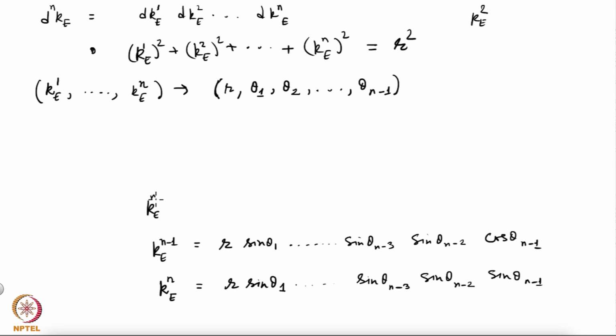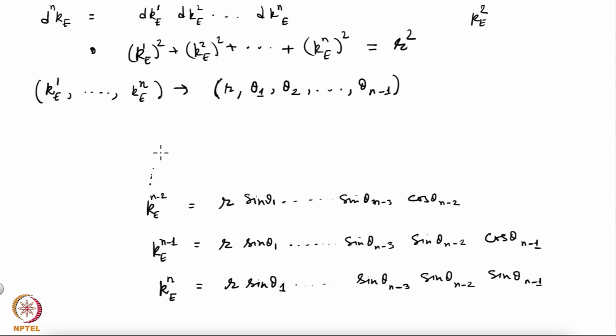ξ_{n-2}, the (n-2)th component, I will parameterize as r sin θ1, and so on, sin θ_{n-3}, cos θ_{n-2}. Okay.